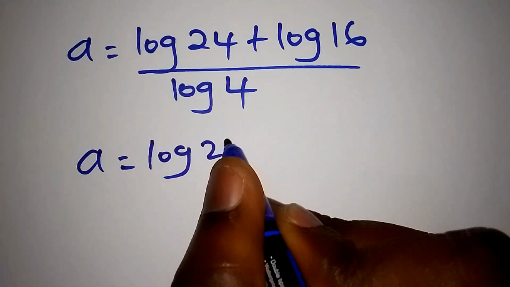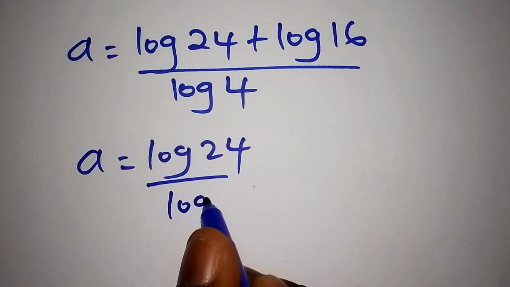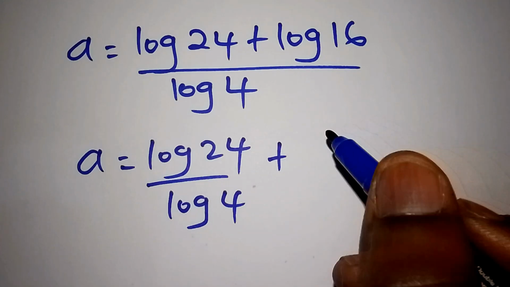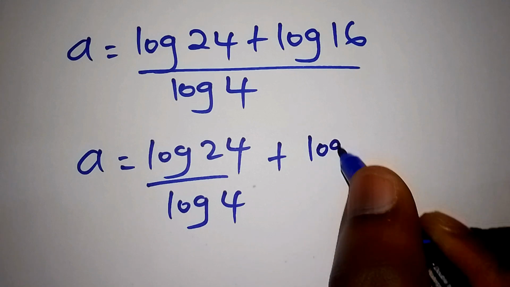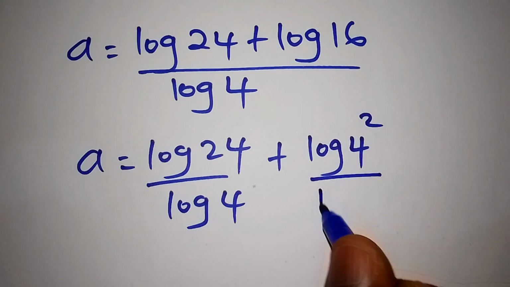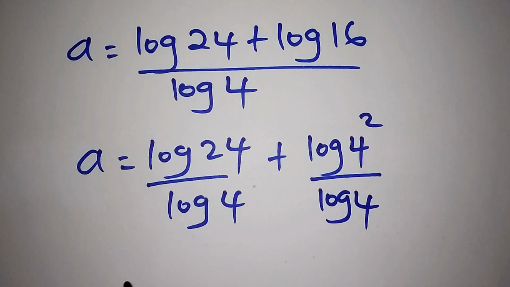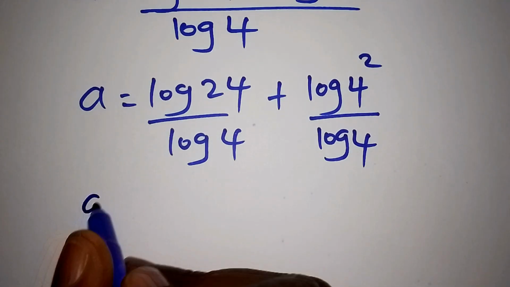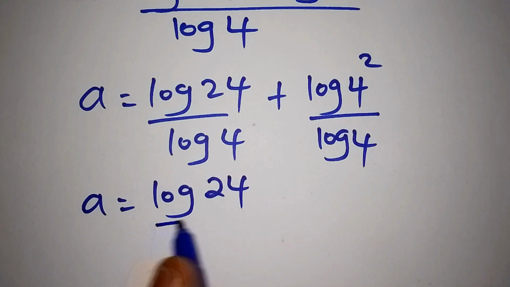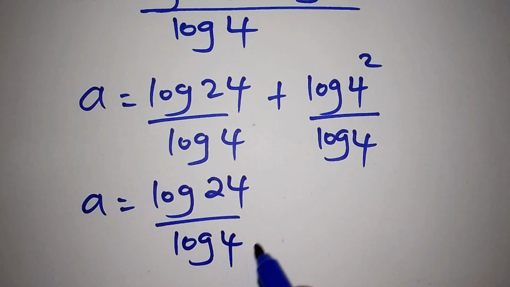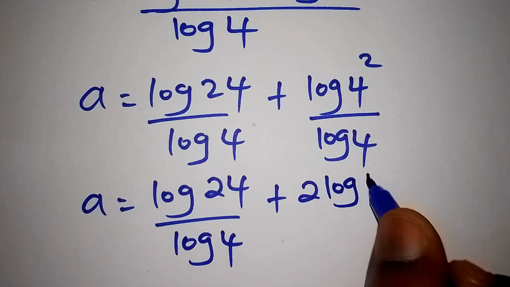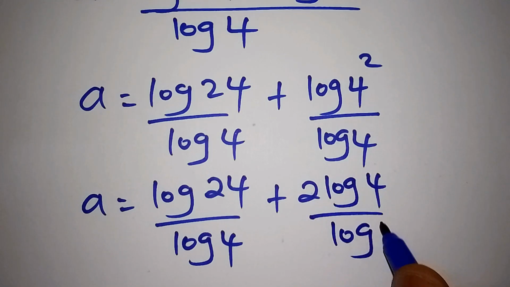So next, our value for a is equal to the log of 24 all over the log of 4, then plus the log of 16, which can also be written as the log of 4 to the power of 2, all over the log of 4. So our value for a is equal to the log of 24 all over the log of 4, then plus 2 log 4 all over the log of 4.